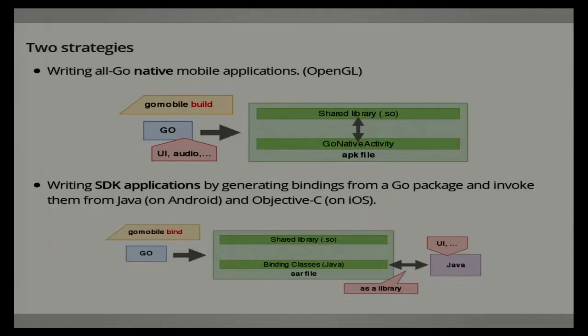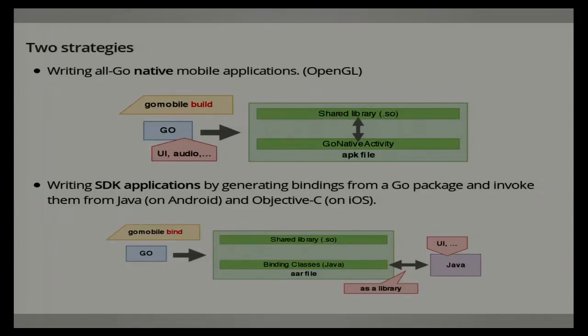There is another way, which is Gomobile bind, which is also called an SDK application. What you do is write Go code, Gomobile generates some Go bindings, and you load it as a library in your Android application.